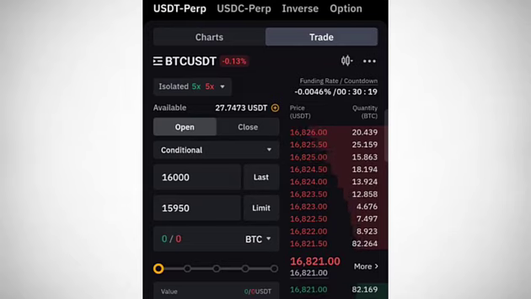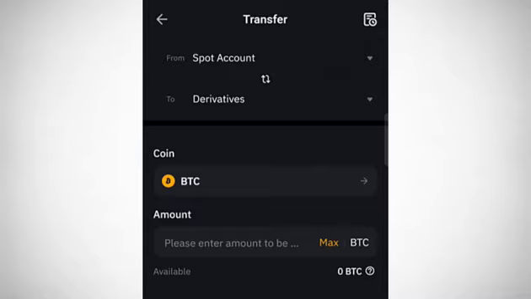Once you click on that option, it brings you to your wallet section where you have different kinds of wallets. The next thing you need to do is to click on the transfer button, which is at the right corner. Once you click on transfer, it gives you this interface to enable you to transfer from one wallet to another. And what you need to do here is make sure that the first wallet that is selected is spot account and the second wallet that is selected is derivative. Then you select the coin you are transferring. In this case, we are going to be transferring USDT.